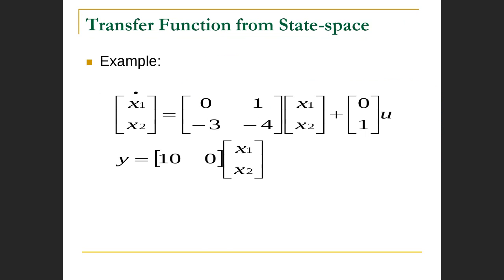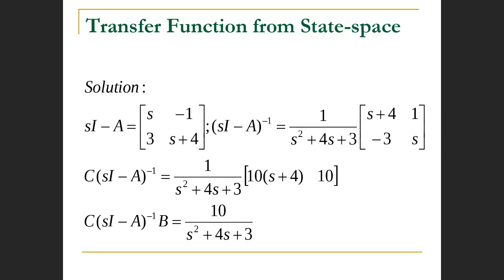B here is the matrix 10 and 0, a 2 by 1. So when we come over here, we actually did the multiplication here. What should be here is actually C times SI minus A inverse times B. Do you recognize that we actually multiplied by B already? Are we seeing that?